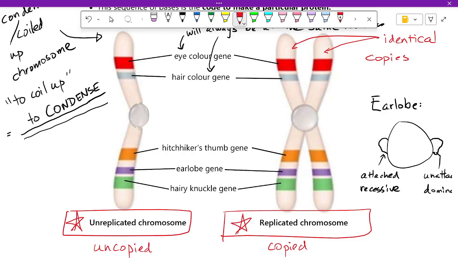It makes two identical copies so that each new cell gets one of them. One's going to go to this cell and one of them's going to go to that cell, and it pinches off, and each new cell gets a copy of all the genetic information.